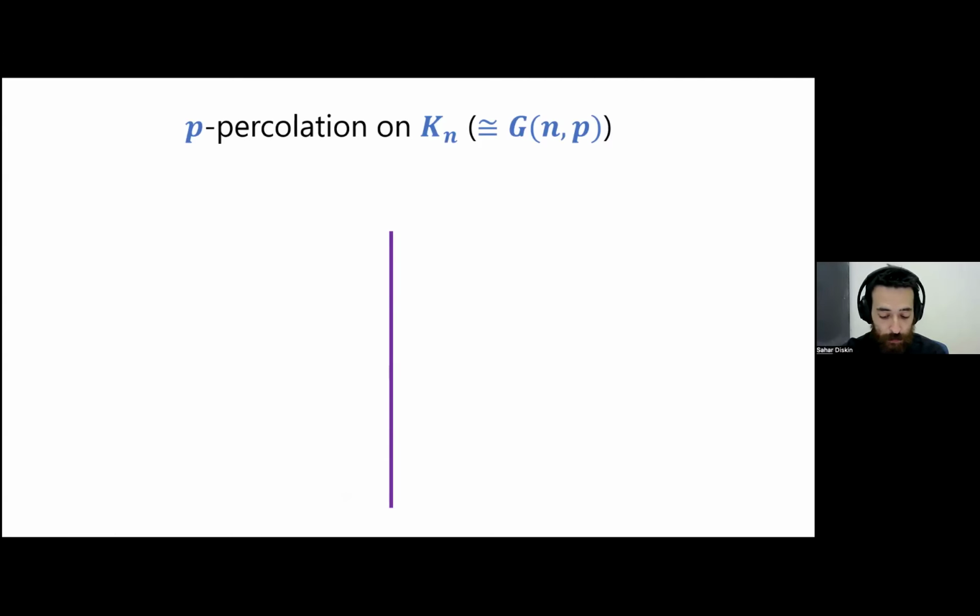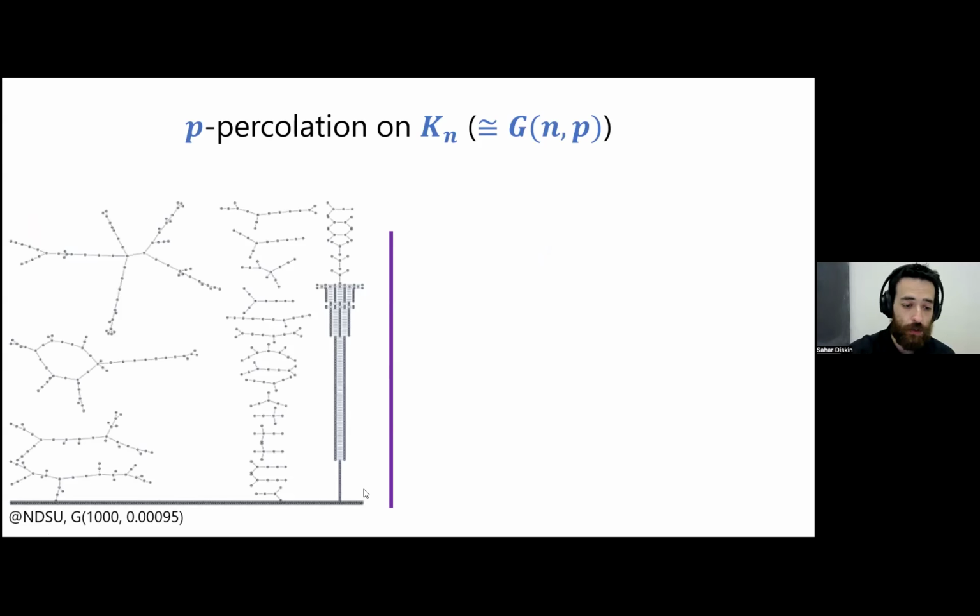And one stunning thing is this: look at a simulation of a graph on 1,000 vertices, and here the probability is slightly less than 1 over 1,000, so less than 1 over the number of vertices. What you see here are the connected components, the clusters. You can see that all the clusters are quite small, and I have plenty of isolated vertices and some edges, but everything is very, very small.